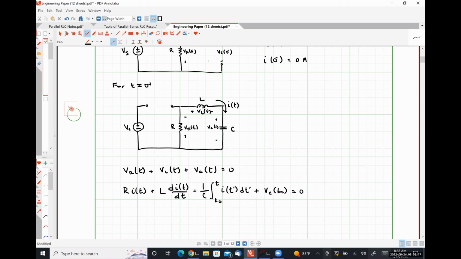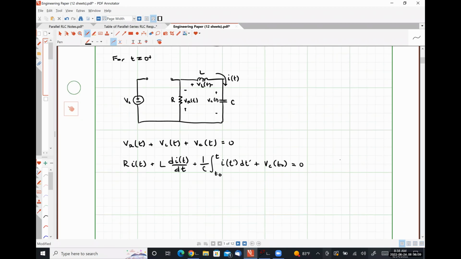All right, so once again, we have an integro differential equation, and we are going to do the exact same thing that we did for the parallel RLC integro differential equation that we developed. We're simply going to take the derivative of both sides, giving us a second order differential equation, right?